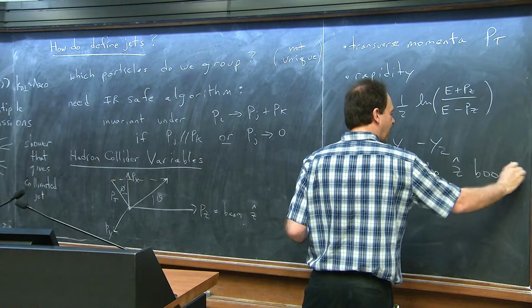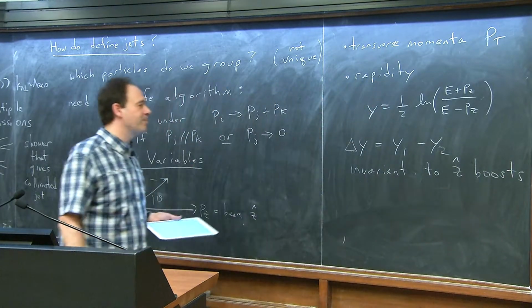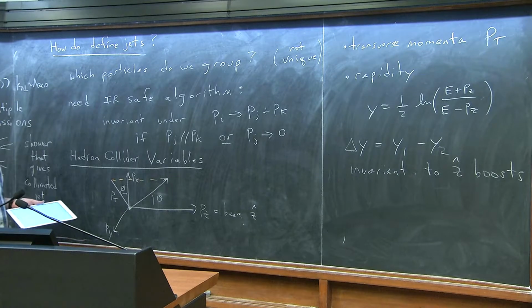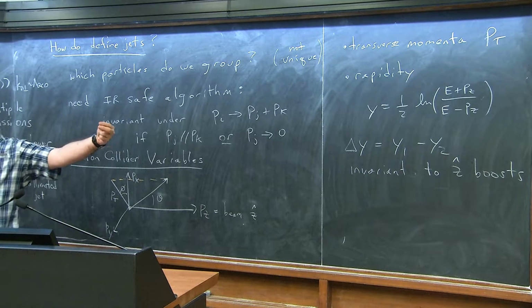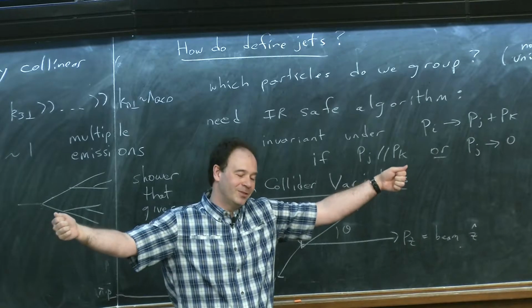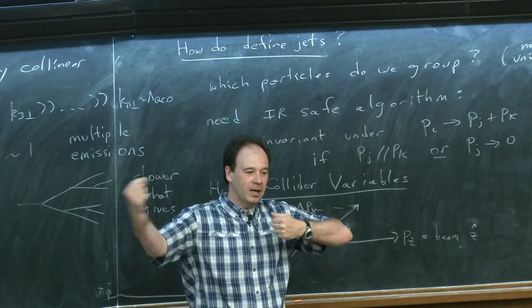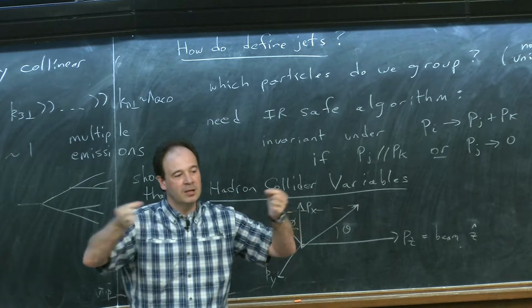So why do I care about that? I mean, maybe it's a nice property, but really do I care? The reason that we care is that in a hadronic collision, you actually don't know the center of mass frame of the partons when they collide. You send in your protons, and you're in the center of mass frame of those, if you've sent them in with the same energy. But out of each proton, I'm going to take a parton.